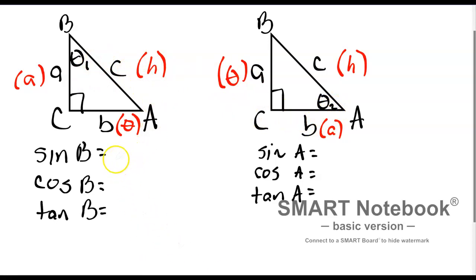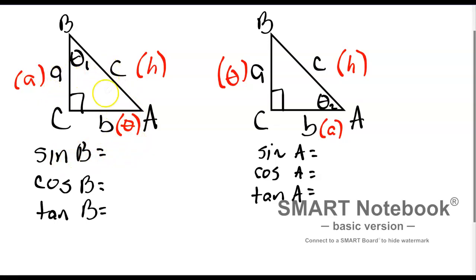So now, because I've taken the time to draw the triangle as it is given to me and include my information, look how easy this is. Sine of this theta, or sine of angle B, look at your notes, it's opposite over hypotenuse.